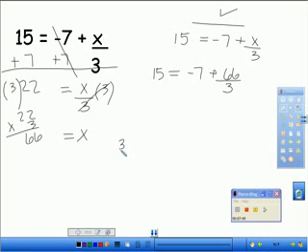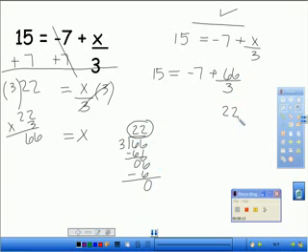Well, I have to divide 3 into 66. 3 goes into 6 2 times. 2 times 3 is 6. So 6 minus 6 is 0. Bring down your 6. 3 goes into 6 2 times. 2 times 3 is 6. 6 minus 6 is 0. So 66 divided by 3 is 22.